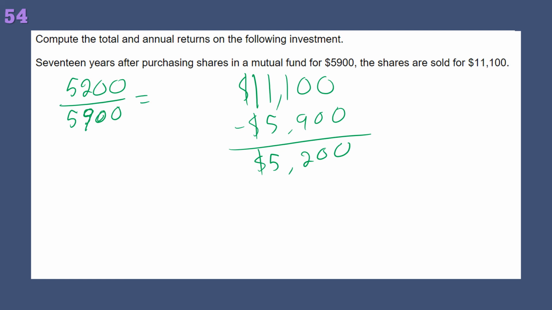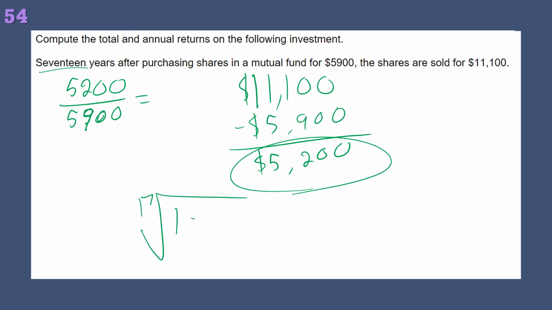But again, that's not taking into account that it happened over 17 years. There are 2 ways we can do it. I think we should do the geometric mean. In other words, we're going to take the 17th root of our gain there, and that should give us what we're looking for.